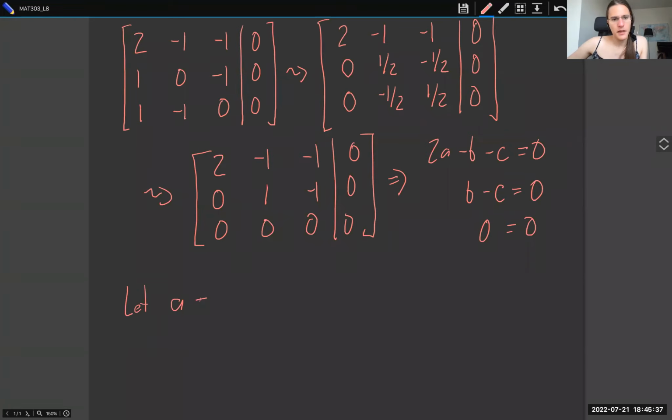Then this says 2a is b plus c, and b and c are equal. So then b is 1 and c is 1. So 1, 1, 1 is an eigenvector.